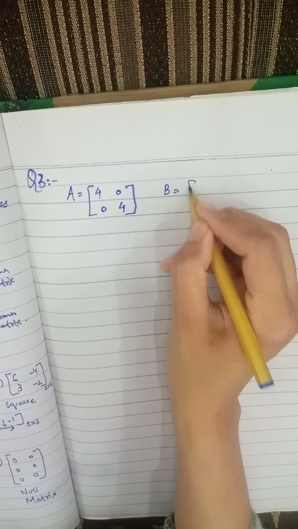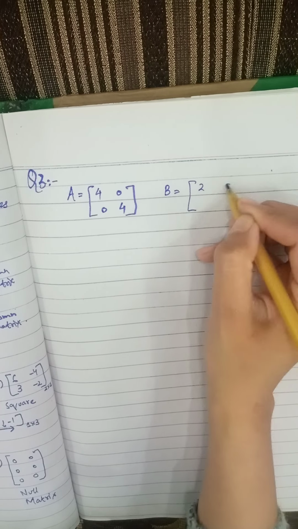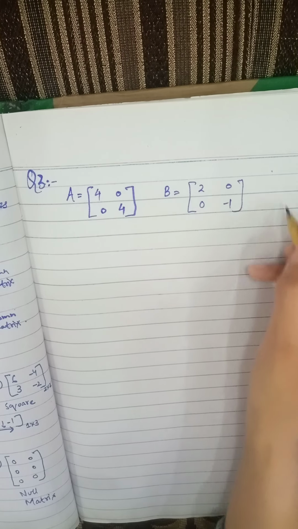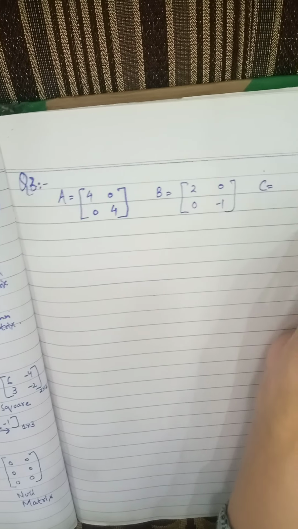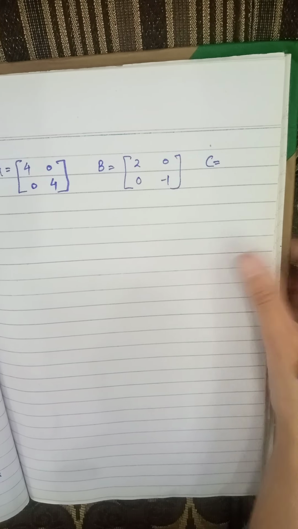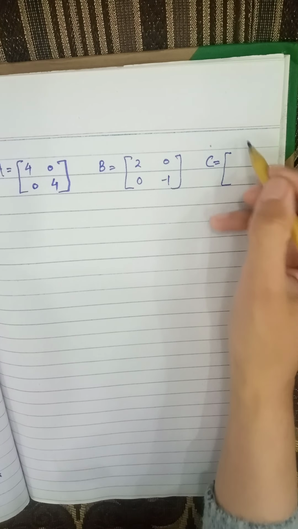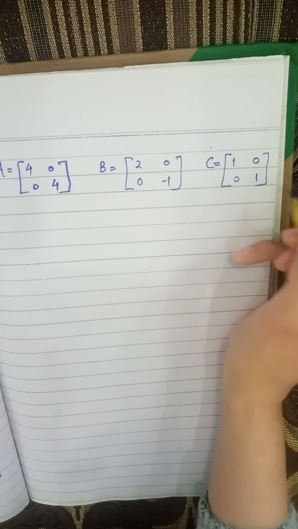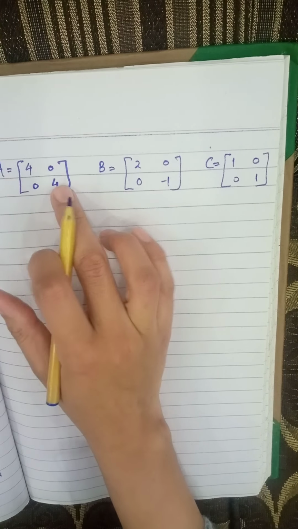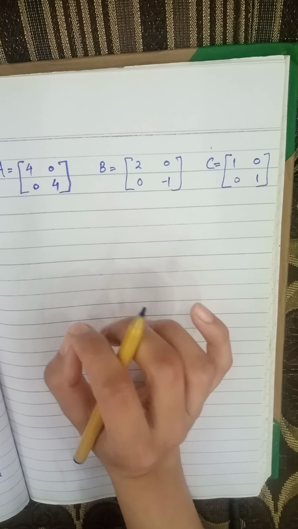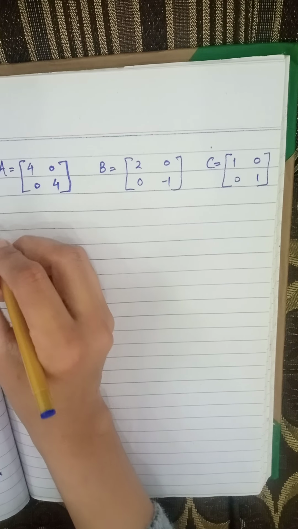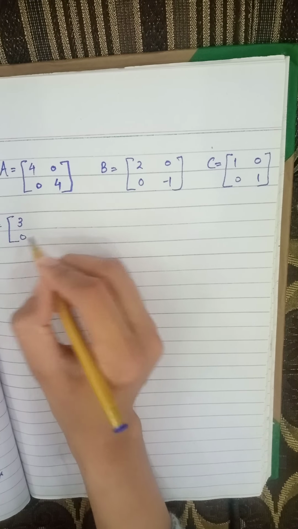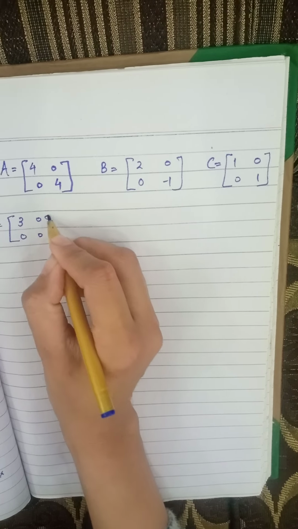First, you should know what a diagonal, a scalar, and an identity matrix are. So students, a diagonal matrix is a matrix having all of the entries 0 except the diagonal. There must be at least one non-zero entry in the diagonal, as I discussed previously.